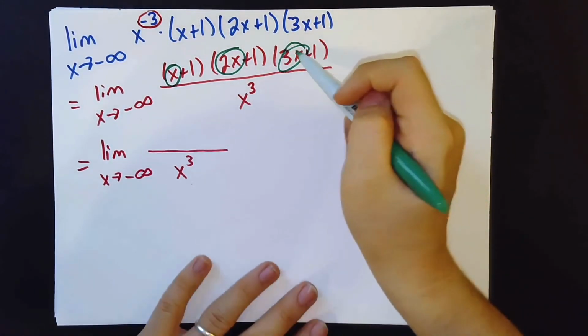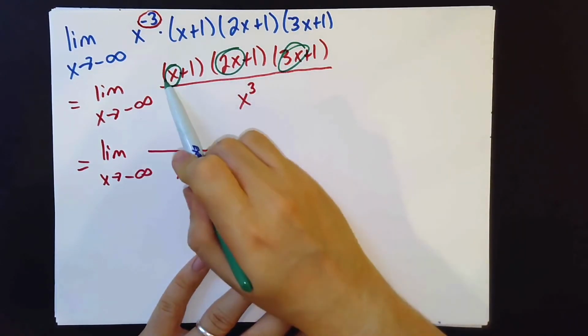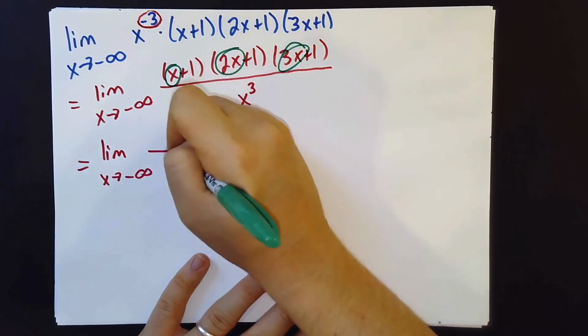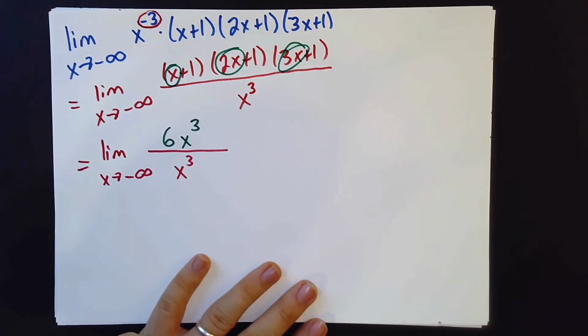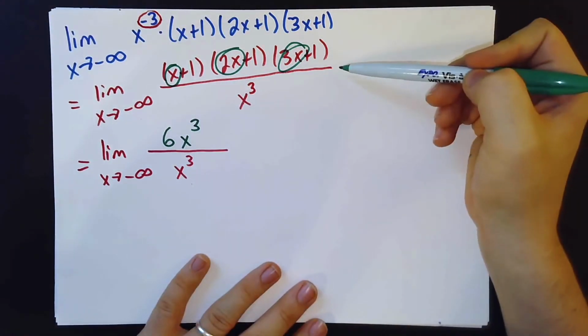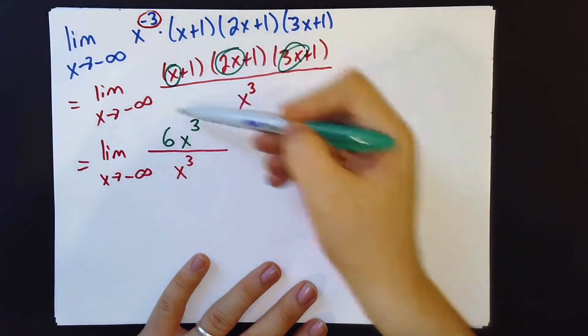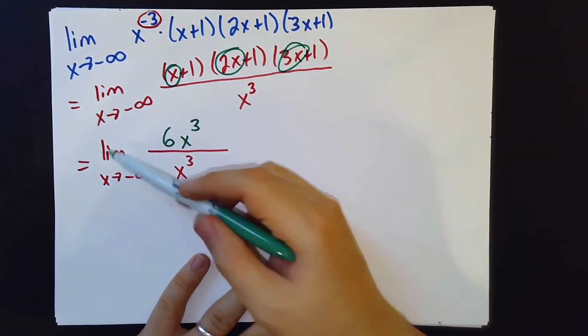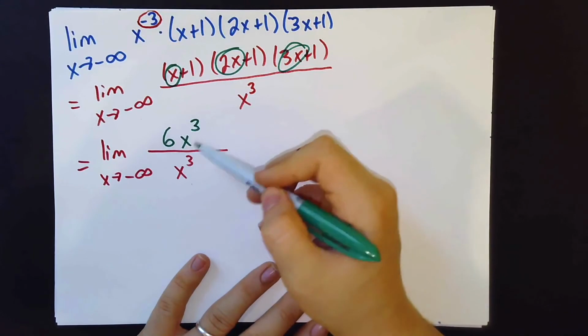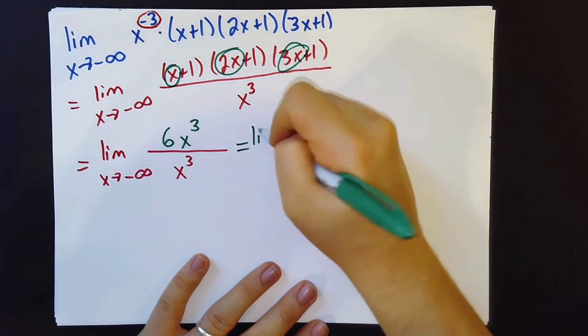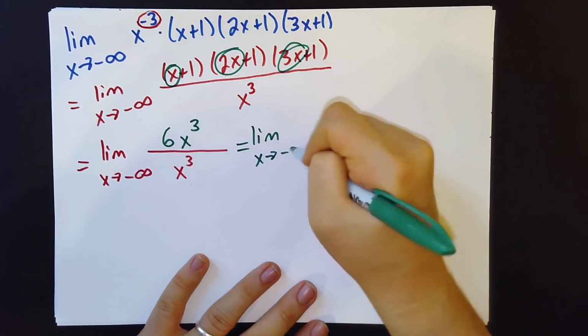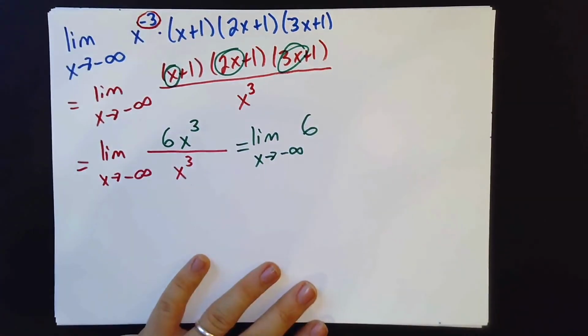But the 6x cubed, which I'm getting from 1 times 2 times 3, that's the leading term. That is the biggest term there. And so the limit as x goes to minus infinity of this quantity is the same thing as the limit as x goes to minus infinity of 6x cubed over x cubed, which is the same thing as the limit as x goes to minus infinity of 6.